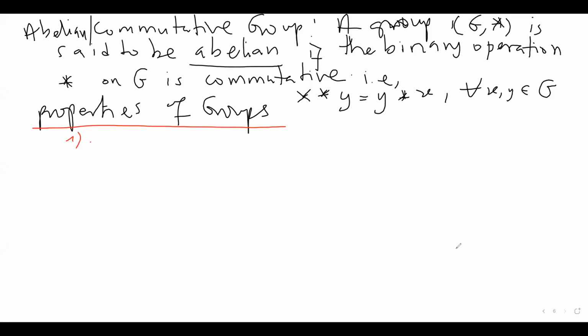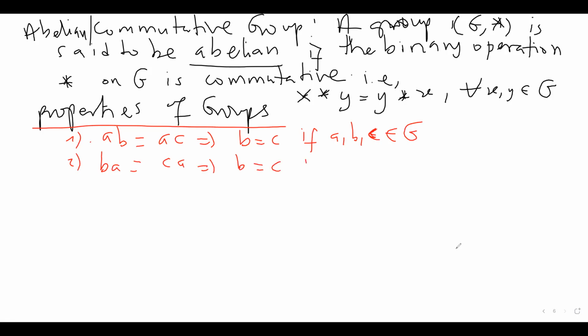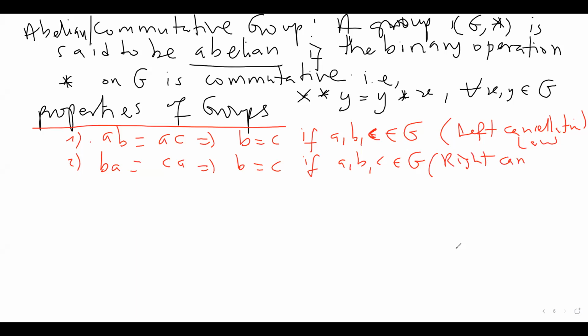One is that AB is equal to AC implies B is equal to C if A, B, C are all in G. Two means that BA is equal to CA implies B is equal to C if A, B, C are all in G. And of course, the difference is that this is usually called a left translation law, and then this one is called a right translation law. That is the only difference.